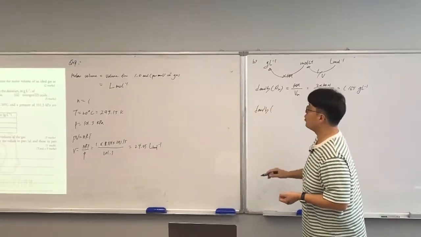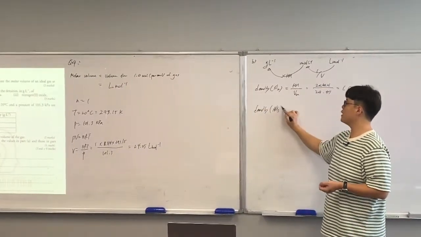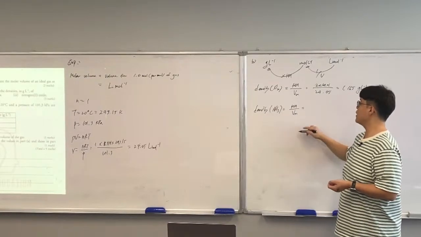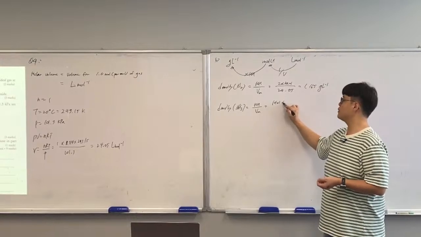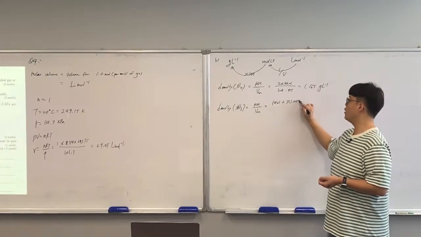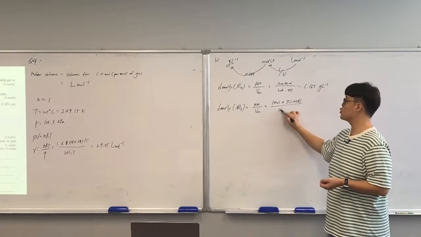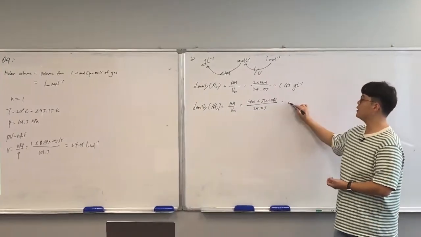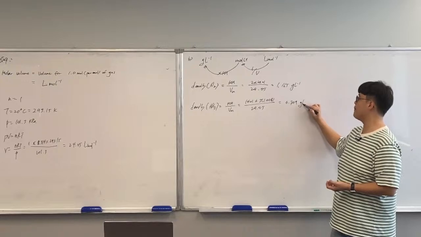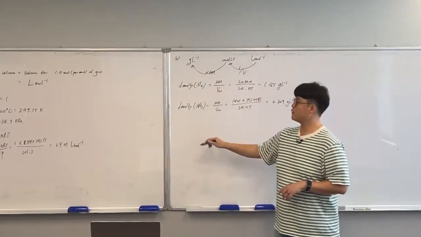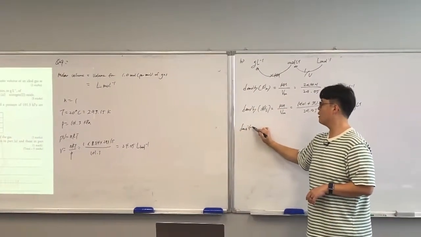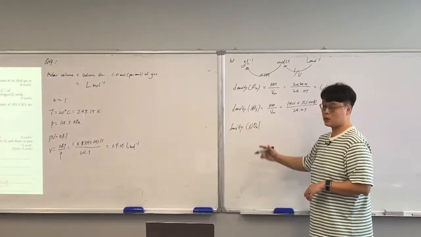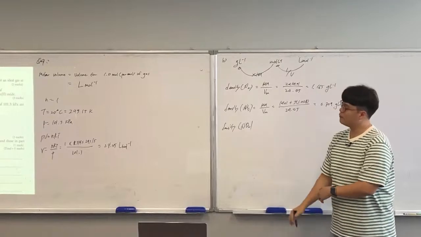Density of the ammonia, NH3. That's basically molar mass divided by molar volume. That is 14.01 plus 3 times 1.008, divided by 24.05. Then you get 0.709 gram per liter as well. Then lastly, density of nitrogen oxide.